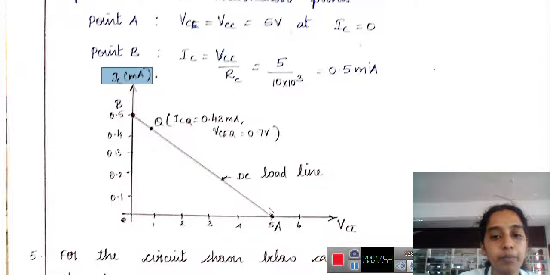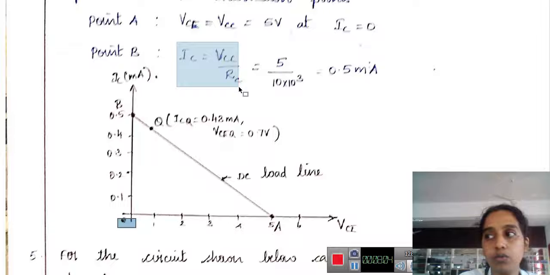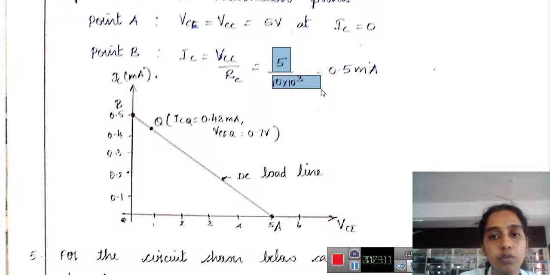To find point A, VCE equal to VCC, that is 5 volt, and IC will be equal to 0. To find point B, IC is equal to VCC by RC. VCC is 5 volt and RC is 10 kilo ohm, so that value comes to 0.5 milliamp. That is marked as point B. Now join the points A and B. This is the DC load line.